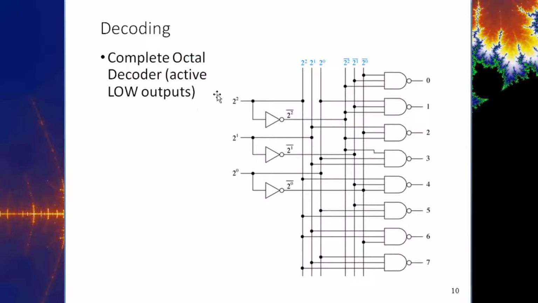This is sort of what's going on inside the box. You have the inputs over here, and if I could draw a great big box outside of all the gates, that's essentially what's going on here. You're basically NANDing all of them together. It says complete octal decoder, active low outputs. If you wanted them active high, you could just AND all of these together.